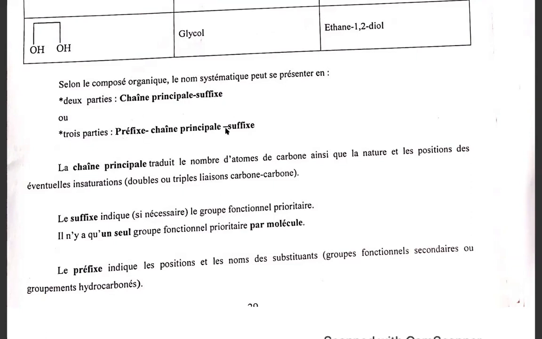But the suffix changes because we have approximately 10 functions. We have the carboxylic acids, the esters, the nitriles, the aldehydes, the cetones, the alcohols, the thiols, the amines, the ethers, a lot of them. So it is the suffix that plays an important role when it comes to nomenclature.